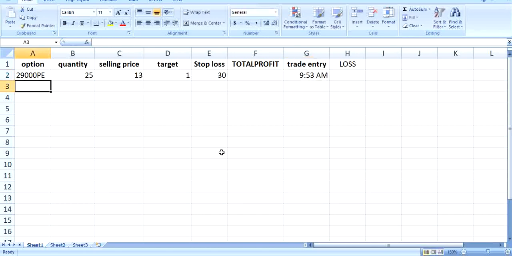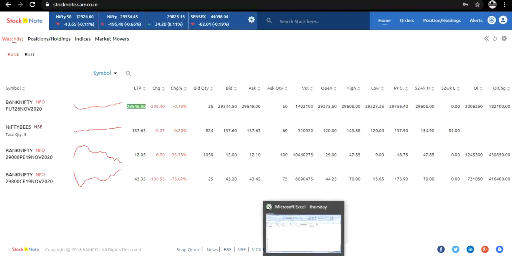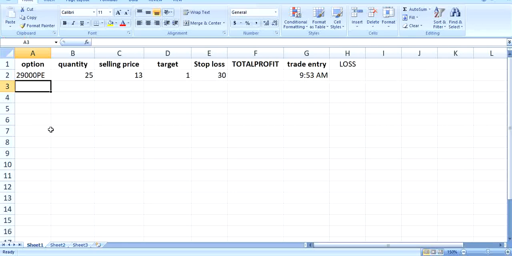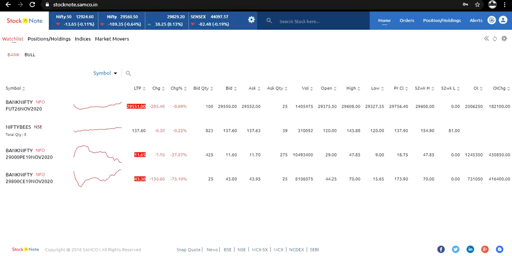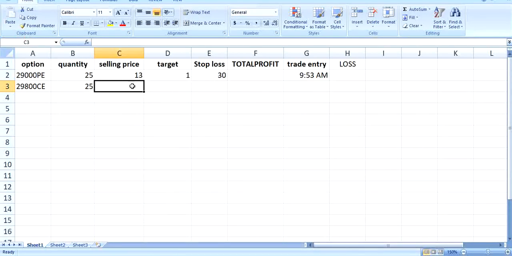triggered or not. Okay, and now second is the 29,800 call. So 29,800 call with one lot, that is 25 quantities. We are selling at 44. Okay, so 43 it is.